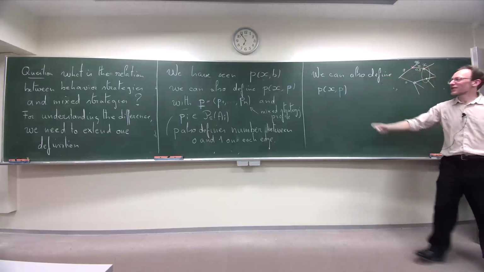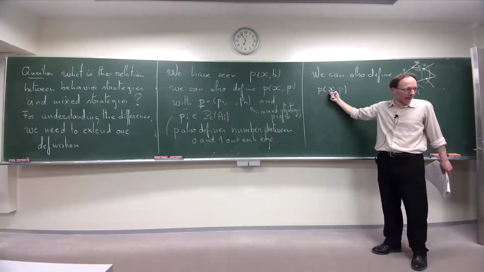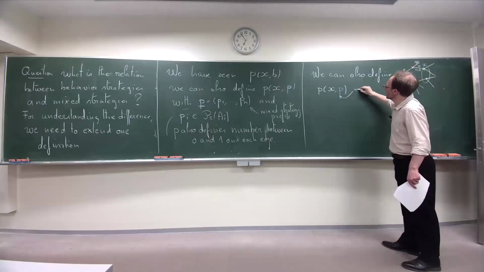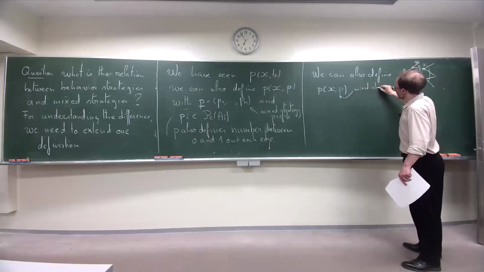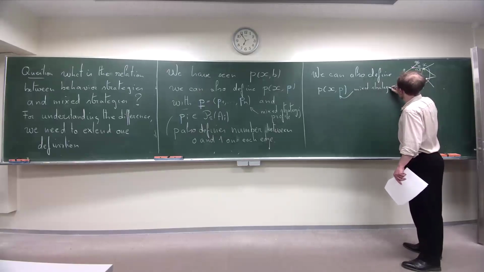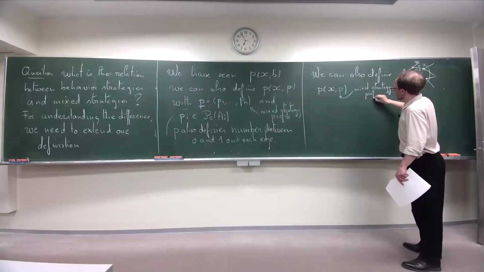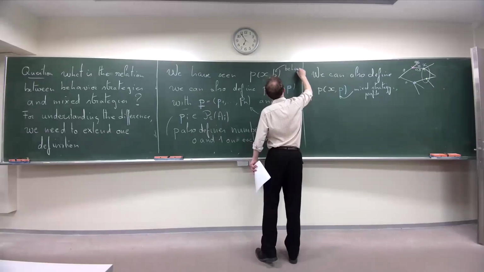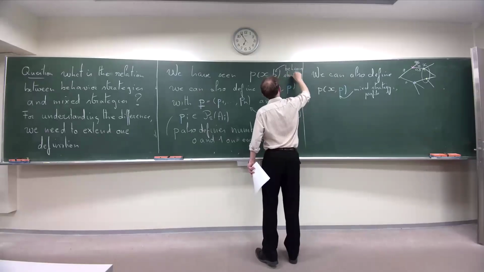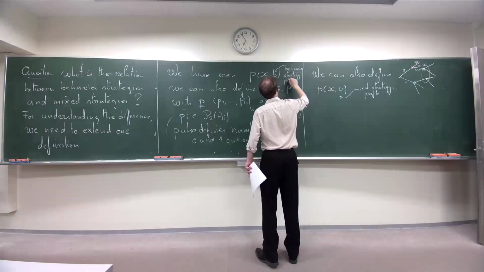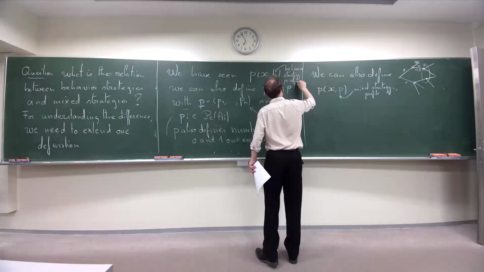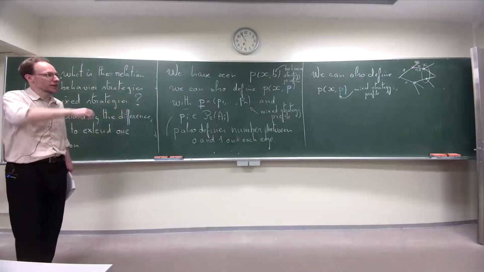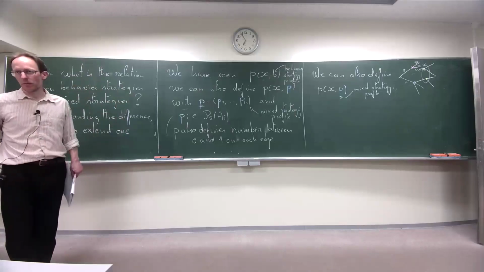It's the probability of reaching X if you have a mixed strategy profile, while here it was a behavior strategy profile. But at the end of the day, you get the same thing. You get numbers on edges, and you can just compute the probability of reaching X by multiplying these numbers.